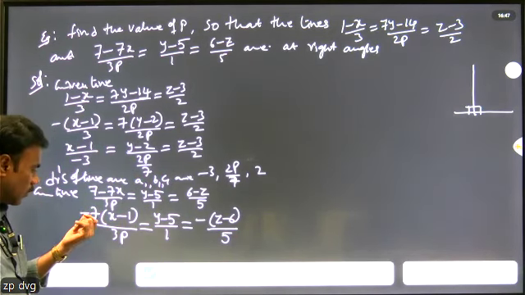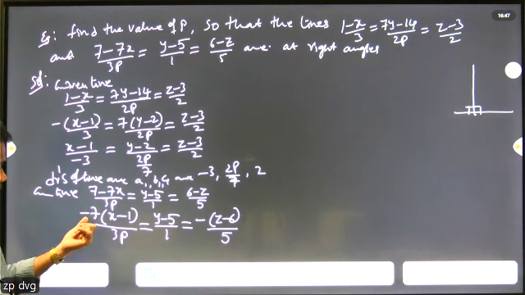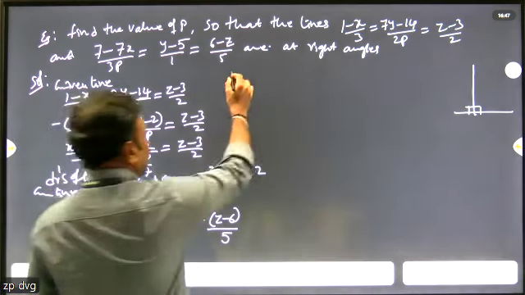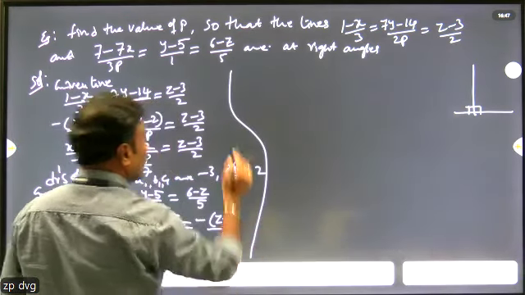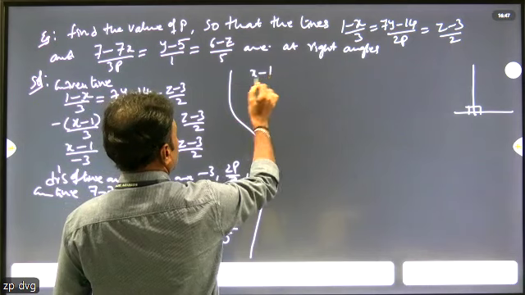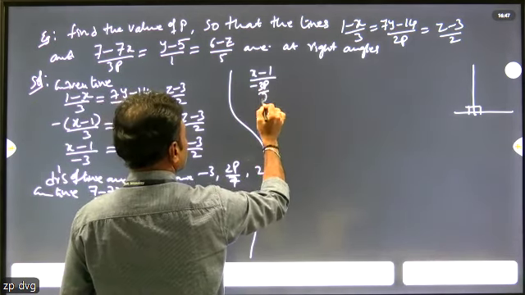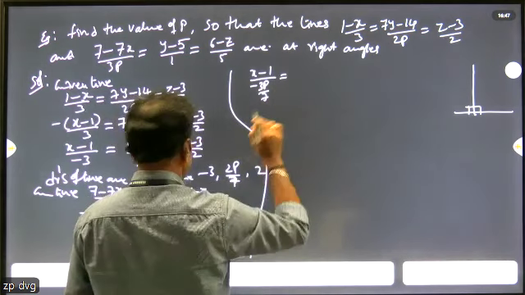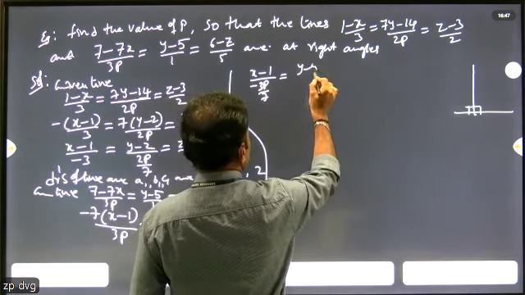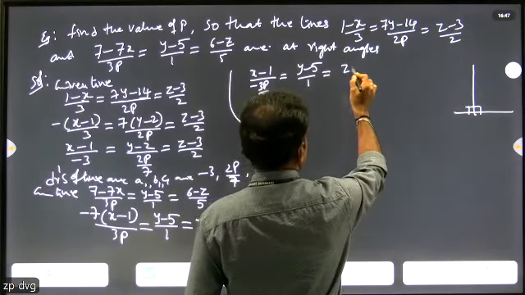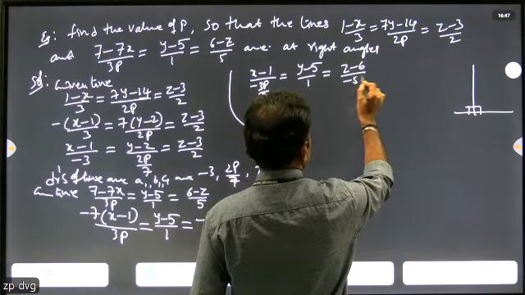So this minus 1 goes down. So what comes, x minus 1 by 3p by 7. So for this line you will get x minus 1 by minus 3p by 7 is equal to y minus 5 by 1 is equal to z minus 6 by minus 5.